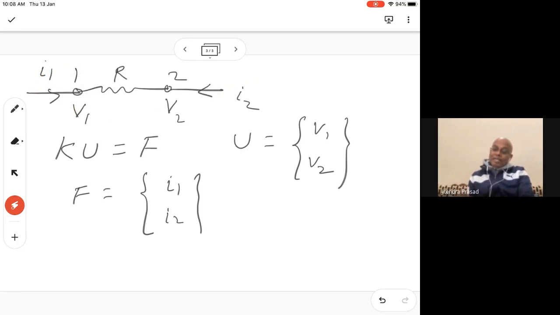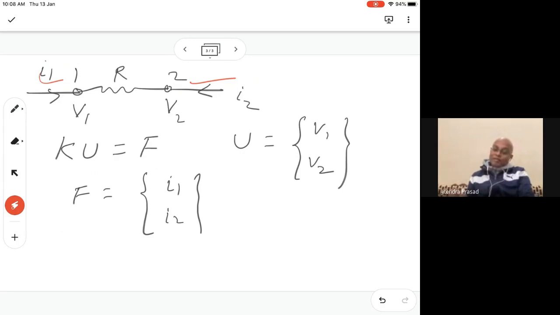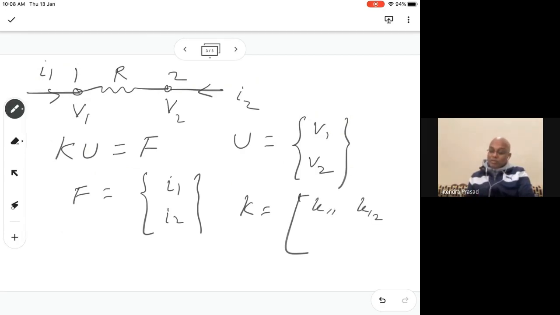So in this sense, the force vector will look like I1 and I2. The displacement vector will look like V1 and V2. Now we have to find out K. What is K then? As you know, K we want 2 by 2. So K will be K11, K12, K21, K22.